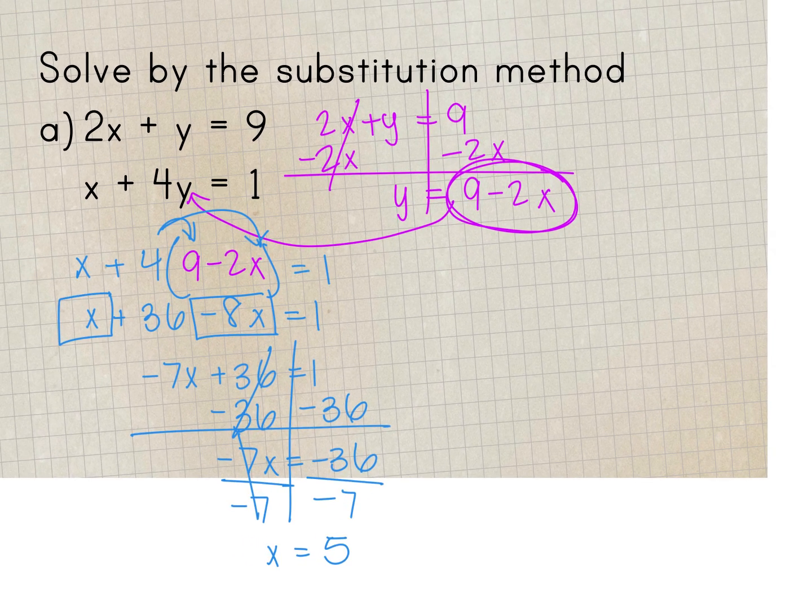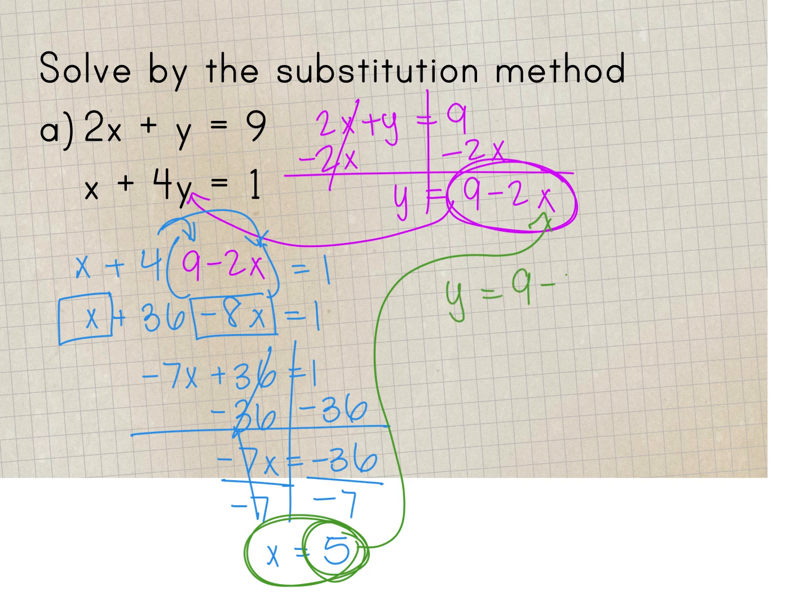Now I have to go ahead and solve for y. When I'm solving for y, I'm going to plug it into this one right here because I have y equals. So I'm going to take this. Technically, I'm just taking my 5 and plugging it in for x. So I'm going to have y equals 9 minus 2 times 5.